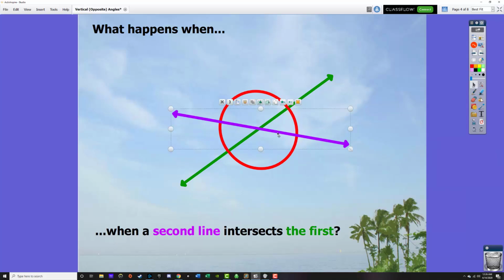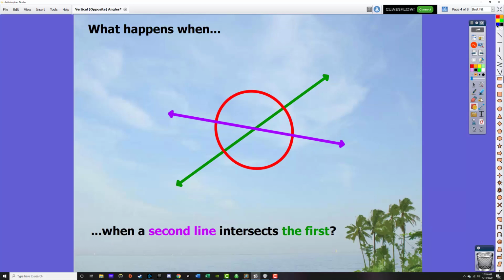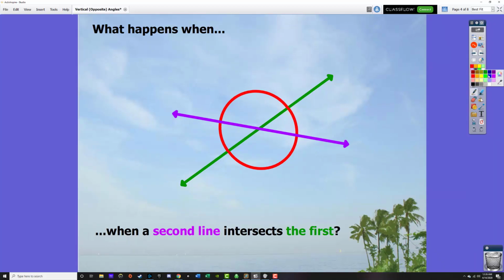Well, hopefully you have noticed that we started with one line and two angles, and when we add that second line, we now have 4 angles. We have cut these angles into 2. Let me get my writing tools out.